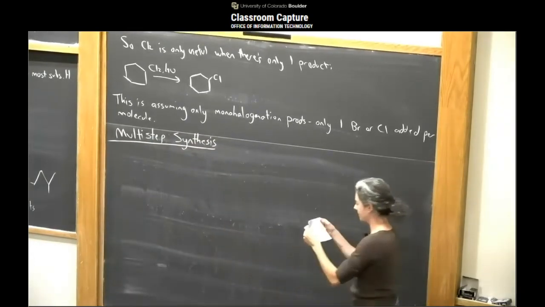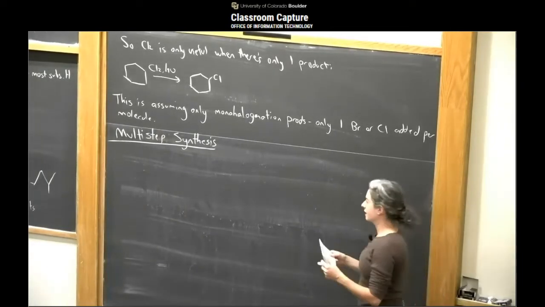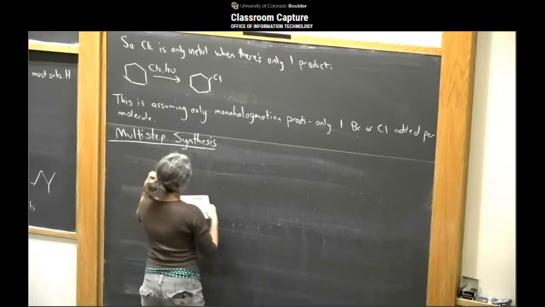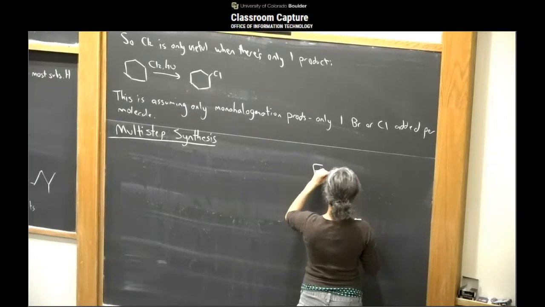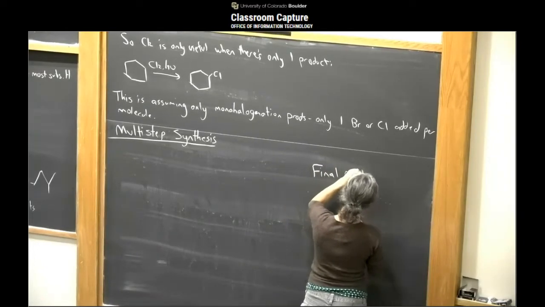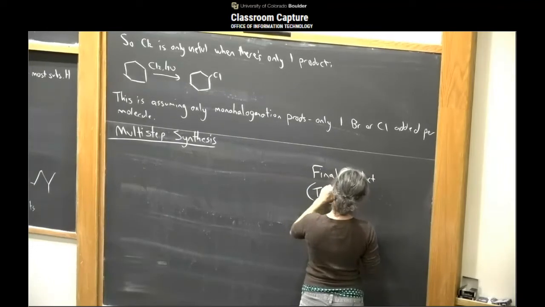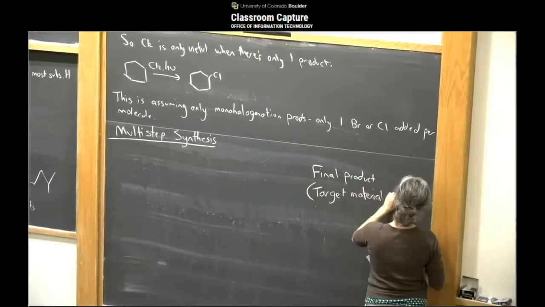Okay, so the general idea here is that a lot of the time we'll say, I'm going to draw it over here, I need a final product, otherwise known as a target material, or TM.